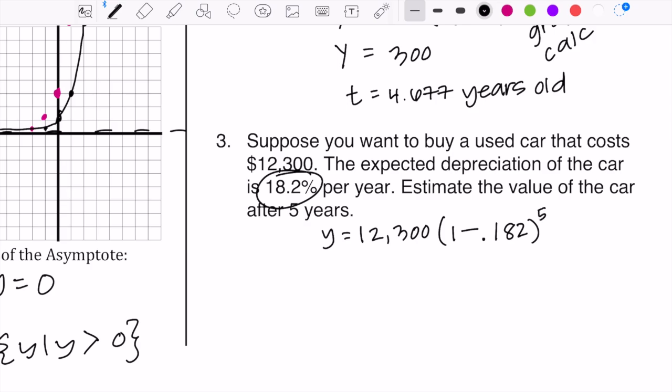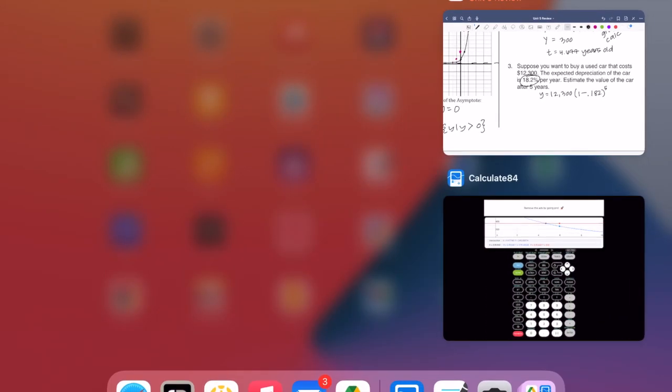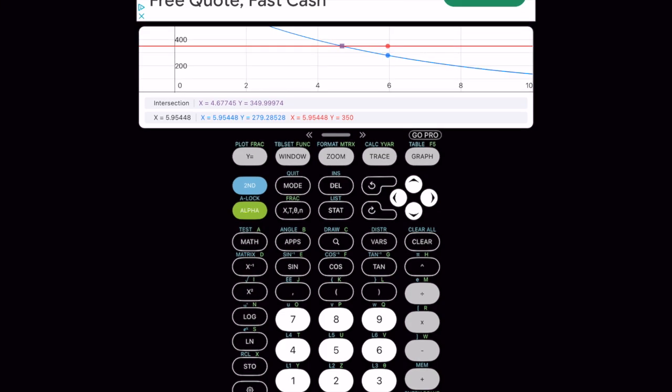So we're just going to plug that into the graphing calculator, but we don't actually have to plug it in to the graphing part.